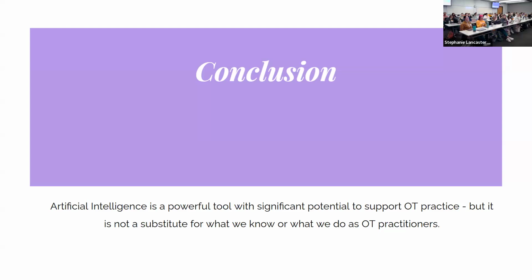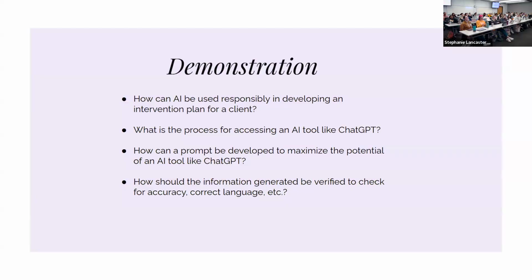So in conclusion, AI is a powerful tool with significant potential to support our practice, but it is not a substitute for what we know or what we do in our profession. So very, very important. And you all can be the ambassadors really for carrying that message forward.